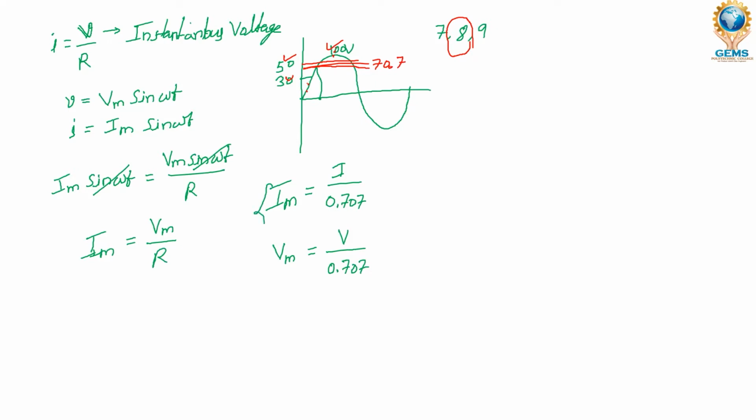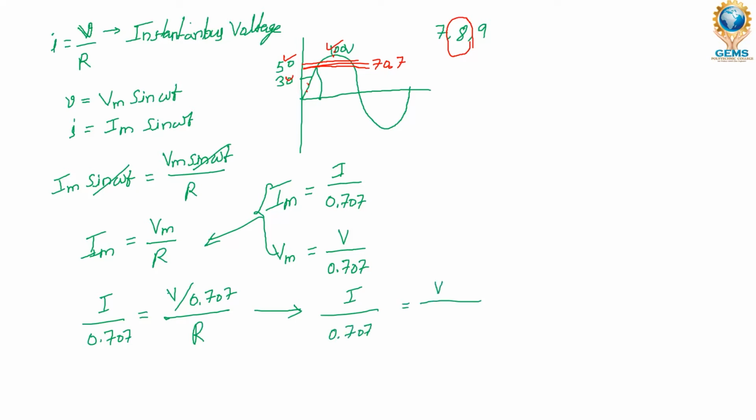If we substitute these two values in Im equals Vm by R, we get I by 0.707 equals V by 0.707 into R. Here you can see the 0.707 will get cancelled.